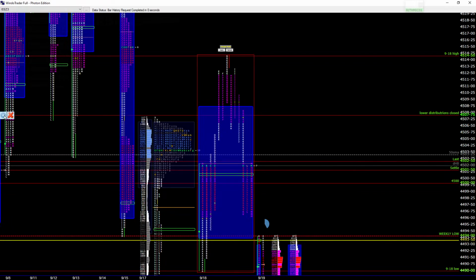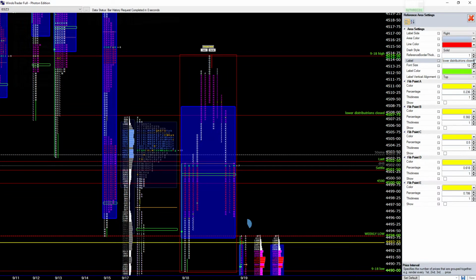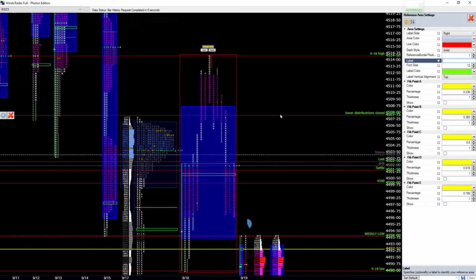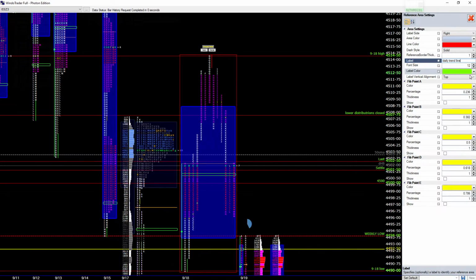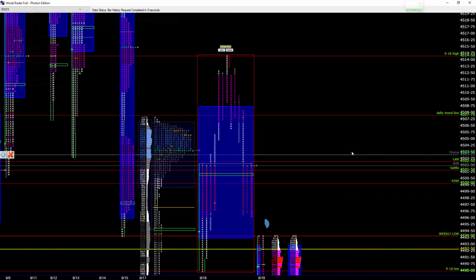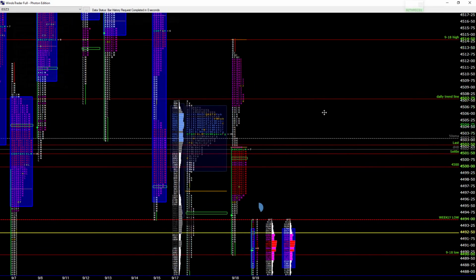Let me check. I will leave that level there because this is the high, and the trend line is right there. Let's put in the trend line. I want to see what this is. It is just so obvious.